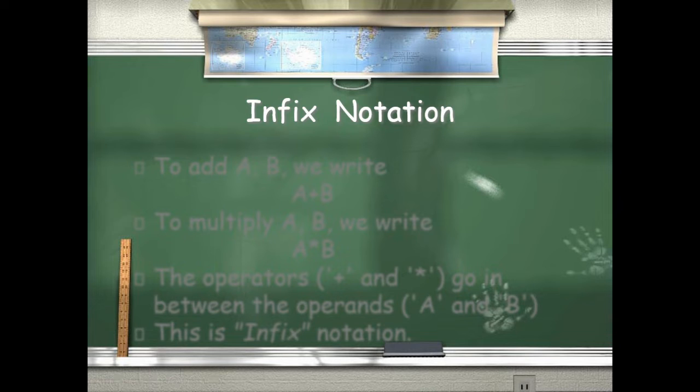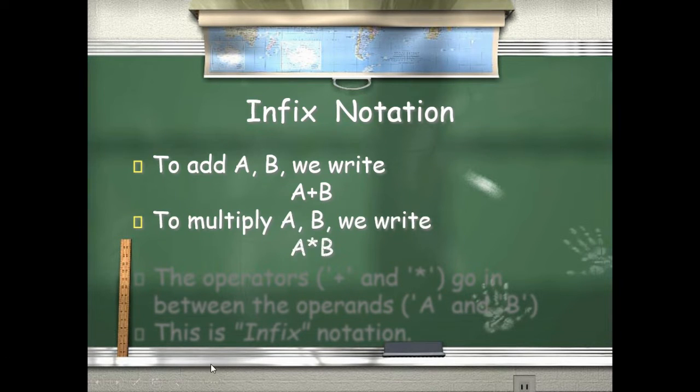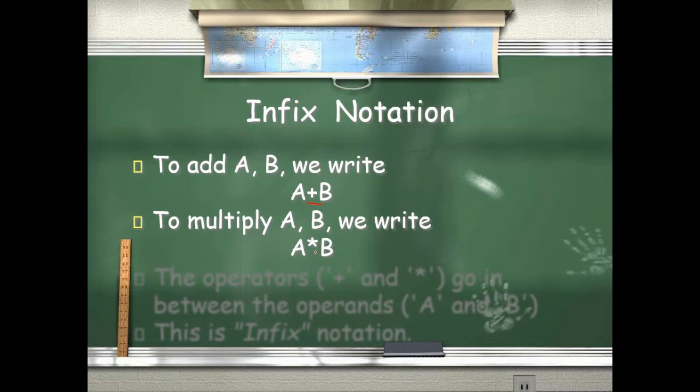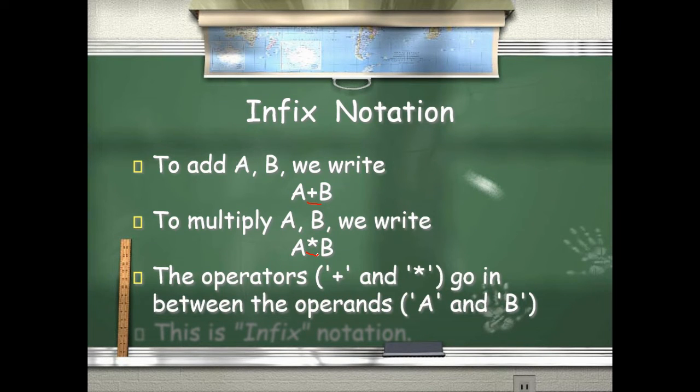Infix notation is something where if I want to add A and B, we normally write it as A plus B. To multiply A and B, what we write? We write A into B. Here, if you can see these operators that we have used, this plus operator and this star operator, these operators are in between the operands.